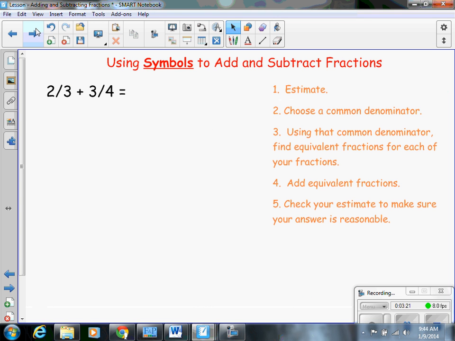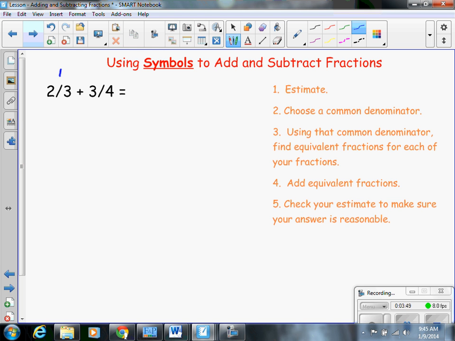All right, now we're going to learn how to use symbols to add and subtract fractions. Our first step again is to estimate. So 2/3 and 3/4 we're adding. I know that 2/3 is close to 1, 3/4 is halfway between 1/2 and 1.